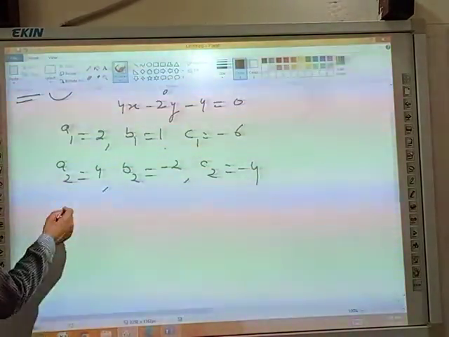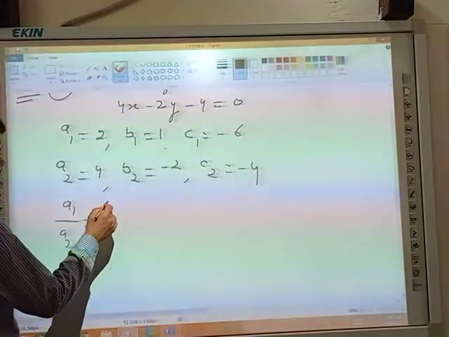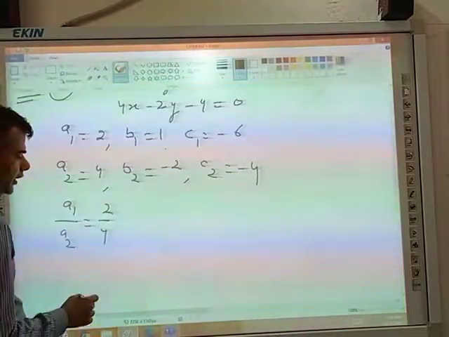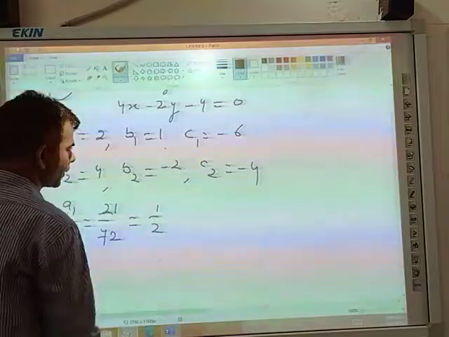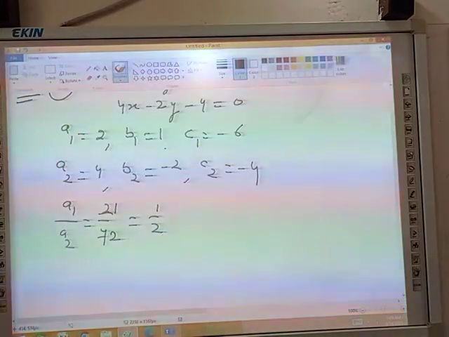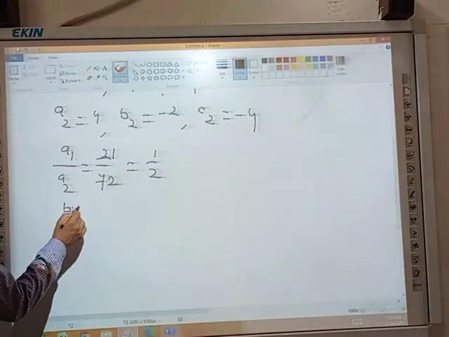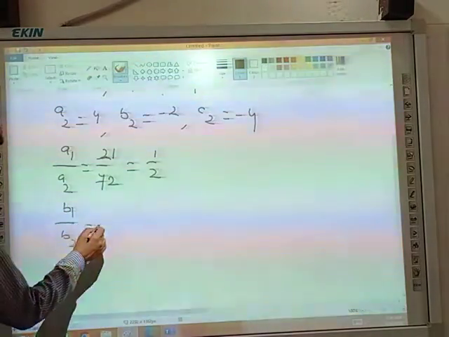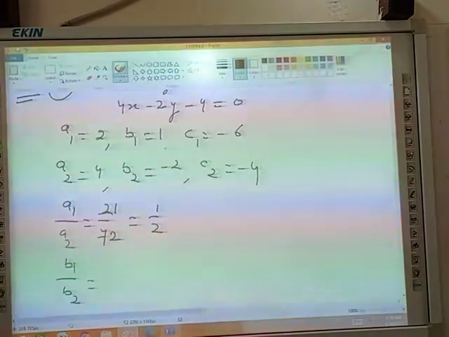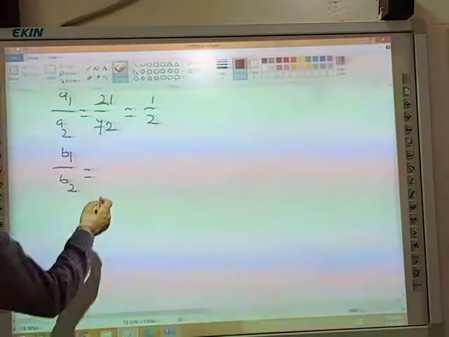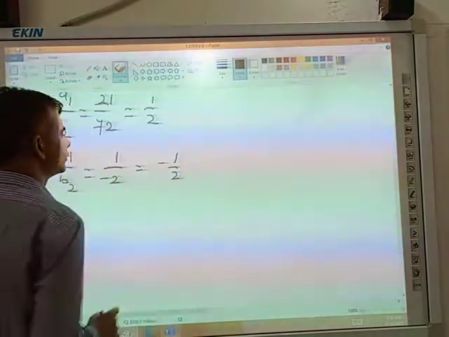Students, a1 by a2, that is 2 by 4. 2 ones are 2, 2 twos are 4, that is 1 by 2. b1 by b2 is 1 upon minus 2, that is minus 1 by 2.